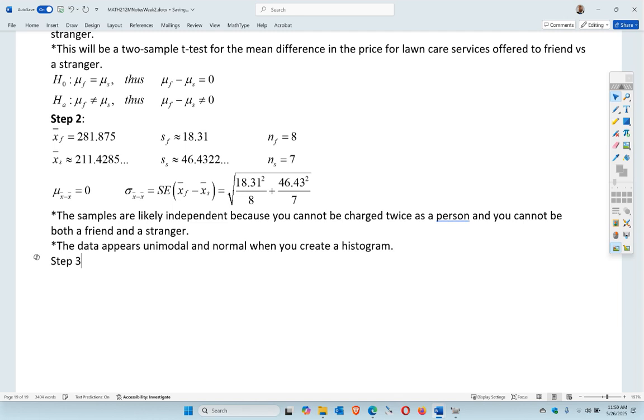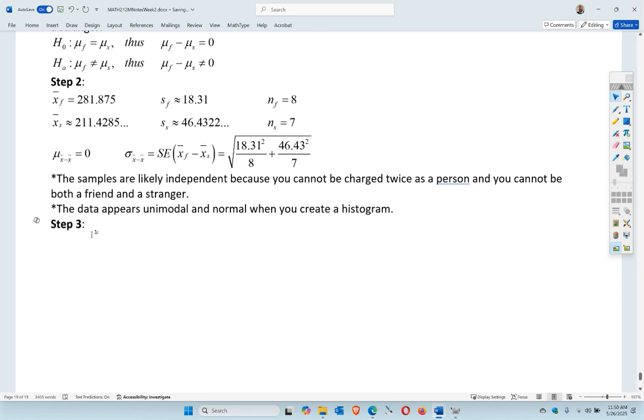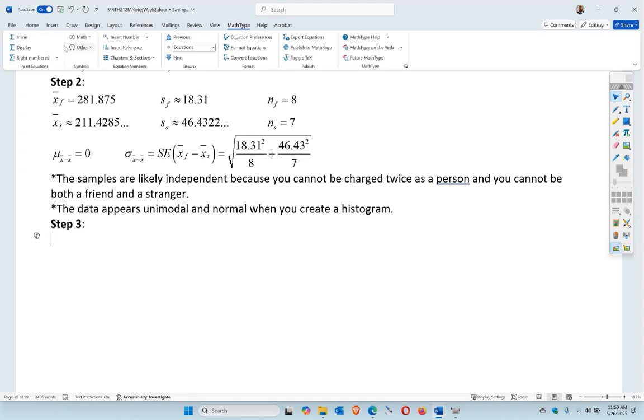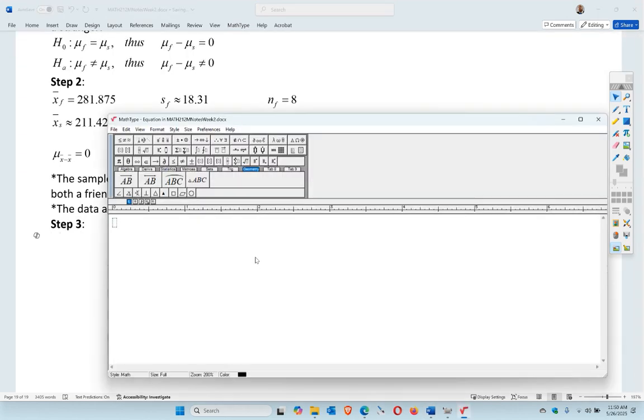Step 3. Okay, what we're doing, can we do it? Now let's actually do it. Okay, so if I actually do it now, the mean of a friend, right, so this would be sub friend minus sub stranger, right?